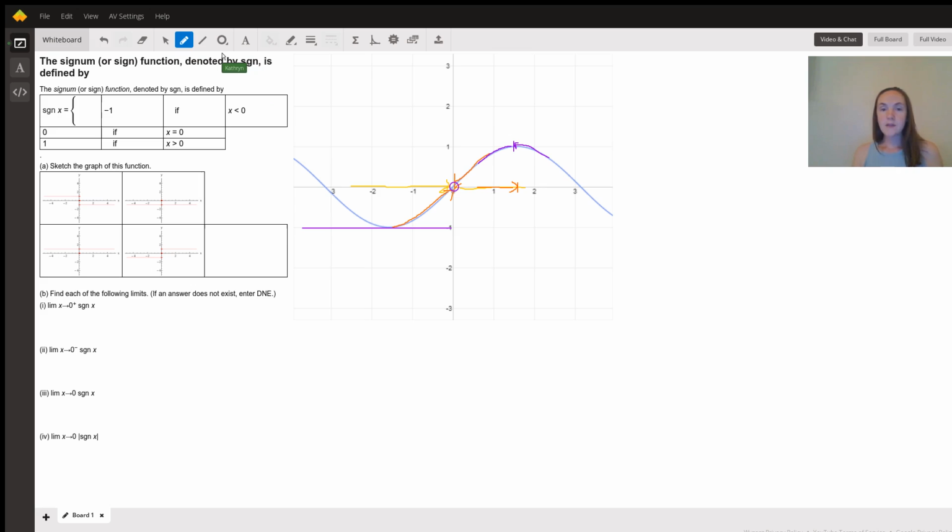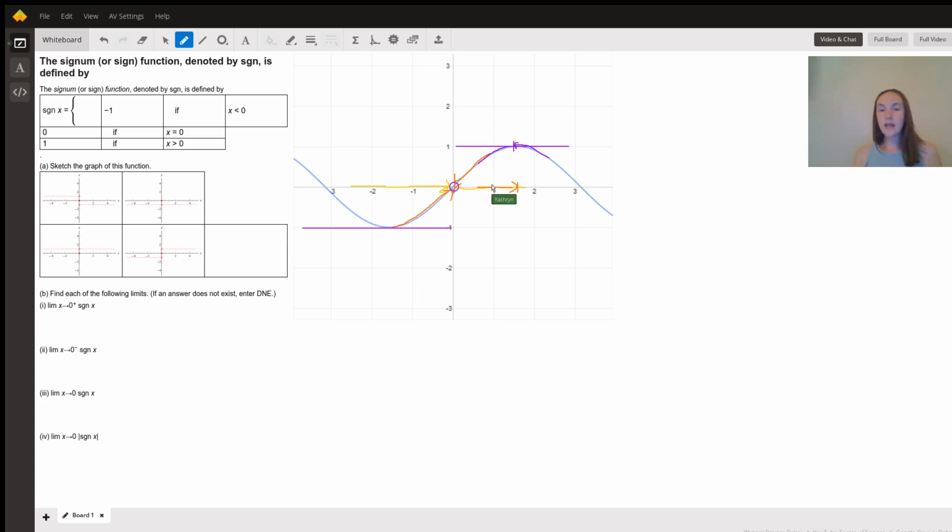This is what we're going to have when x equals 0. Then, our last line here: the sign of x equals 1 if x is greater than 0. So for this stuff over here, where x is greater than 0, this function is defined to equal 1. The interesting thing here is, unlike the sine function where everything is continuous and smooth, this function jumps around.